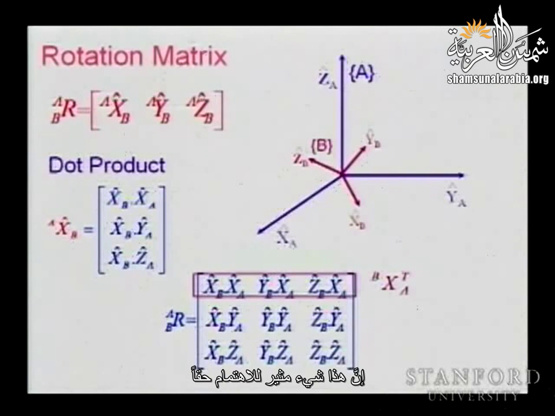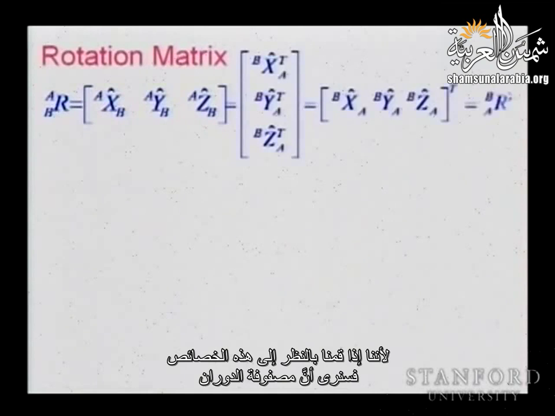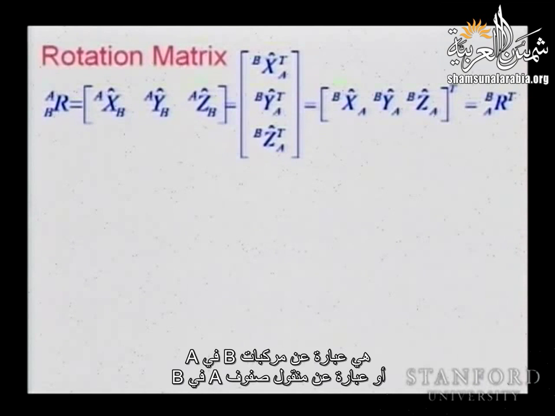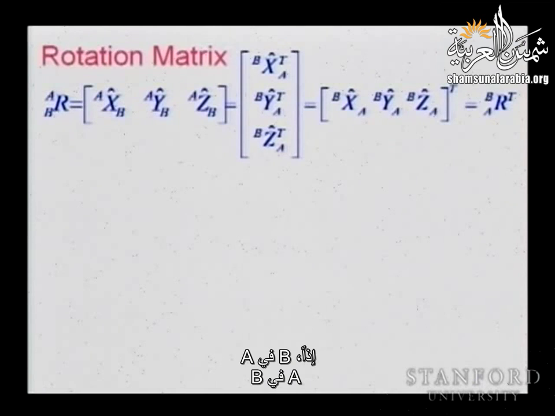This is very interesting because if we start looking at these properties, we see that this rotation matrix is either the component of b in A or the transpose of the rows of A in B.